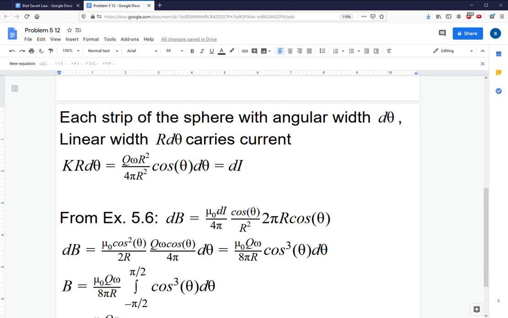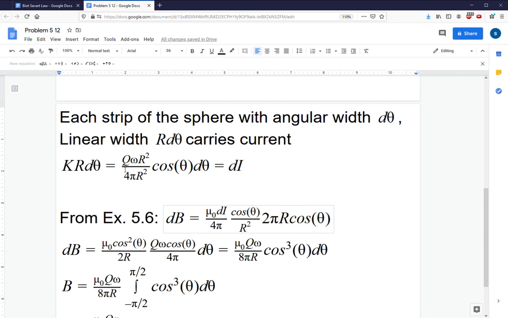So dB is mu naught dI over 4 pi times cosine theta over, they called it script r, but what they're using for script r is analogous to our big R, times 2 pi, and what they're using as big R is analogous to our big R cosine theta.